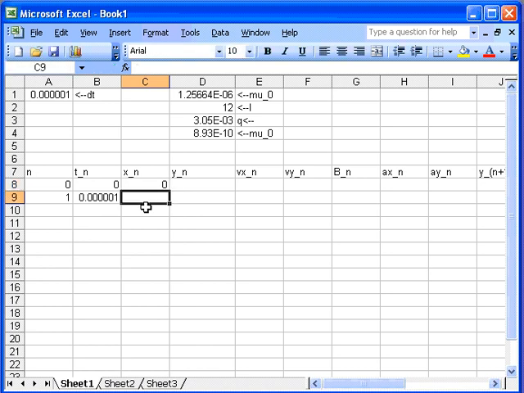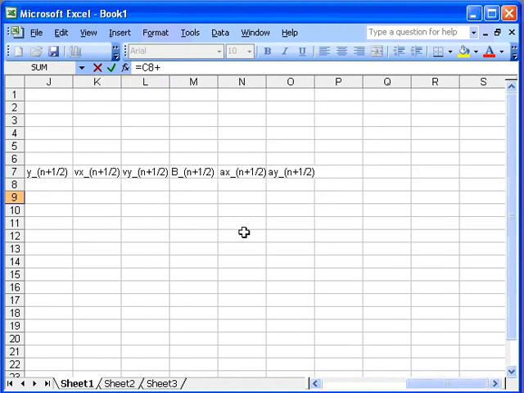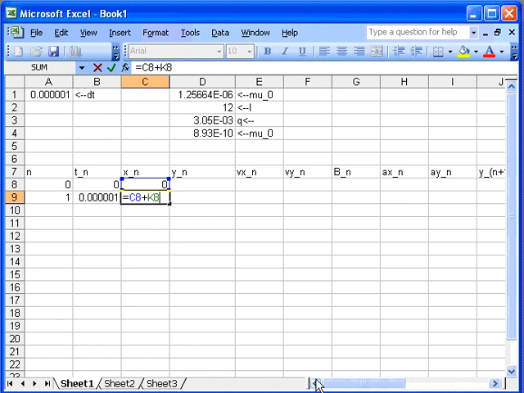And then the next one, it's equal to the one before it, which is this thing, plus the one at the half interval, so it's the one before it, the velocity, Vx, will be that thing right there, times delta t, which I can just hit Control V to get that $A$1 in there.